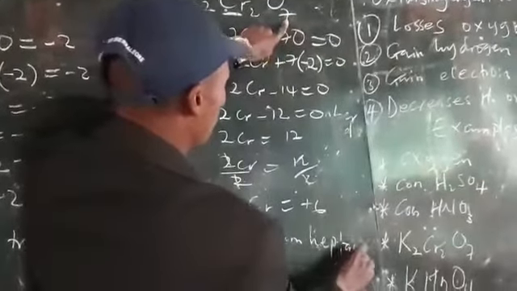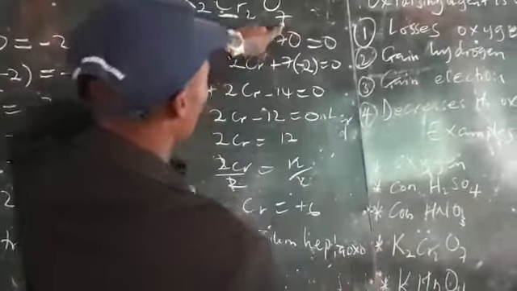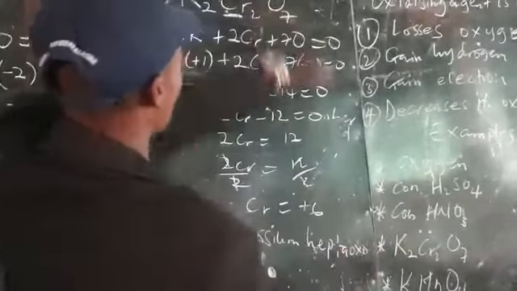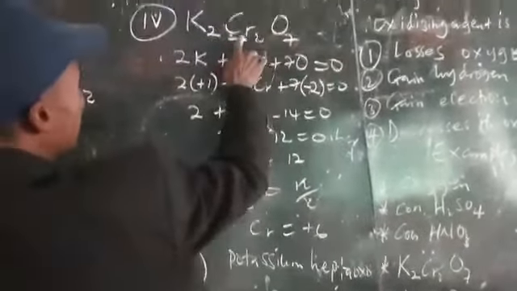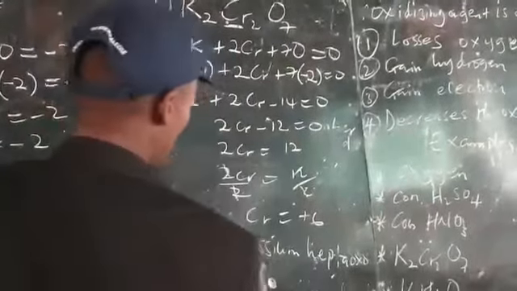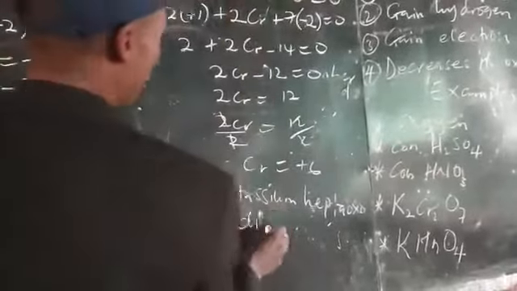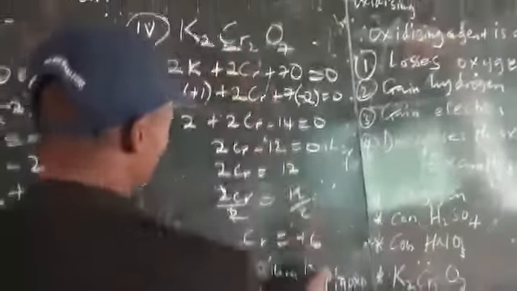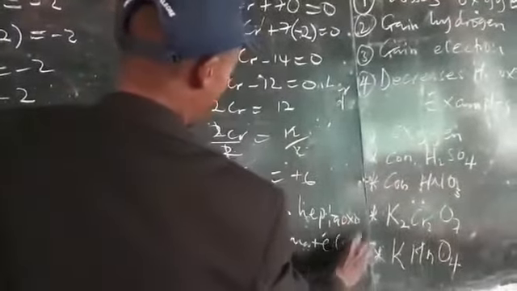Hepta-ozo for the oxygen, 7 of them. When you come to the chromium here, there are 2 of them, and 2 means di. So it is potassium heptaozo-di, for 2 of them, chromate. Chromate for the chromium here, and you put 6 in brackets.